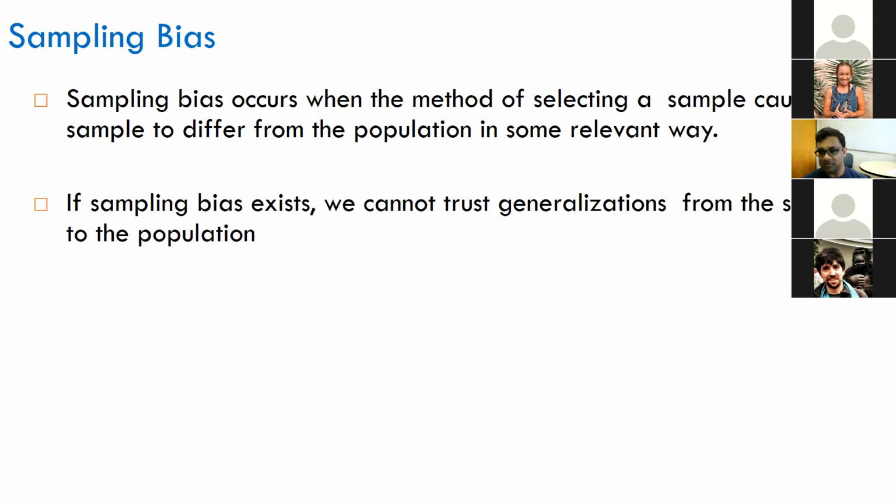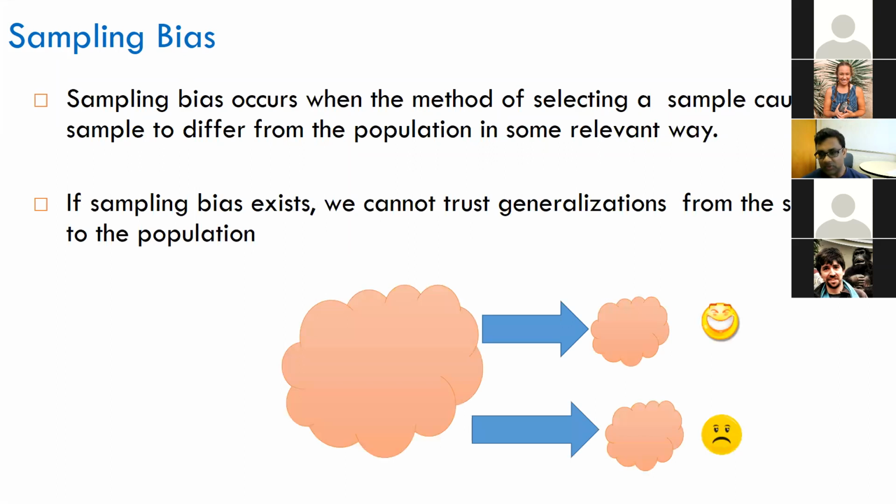People don't trust the decision if the sample is biased. So always try to minimize or reduce the sampling bias. If you have a biased sample, even your supervisor won't be happy, or the thesis reviewers won't be happy, and you won't be happy because you get harsh comments from the reviewers.